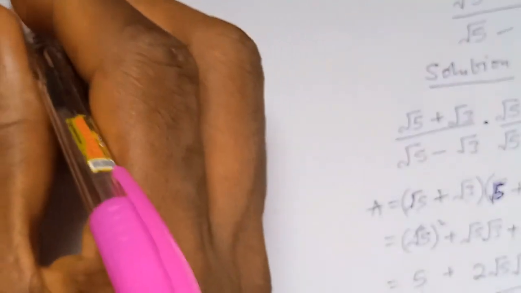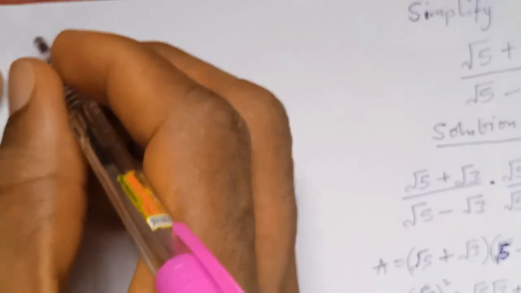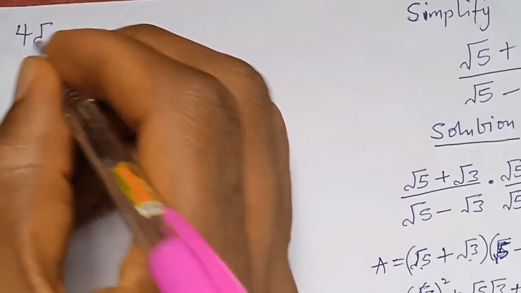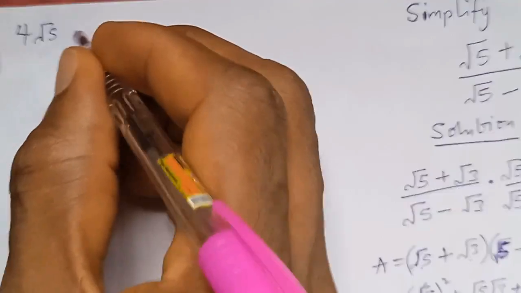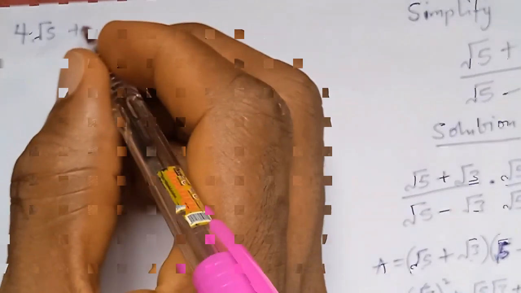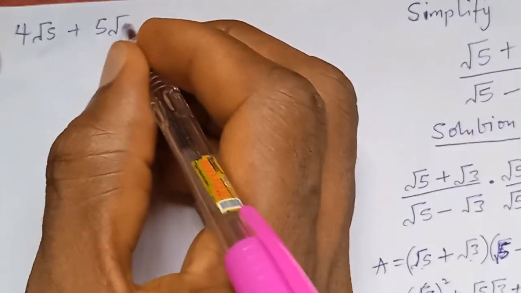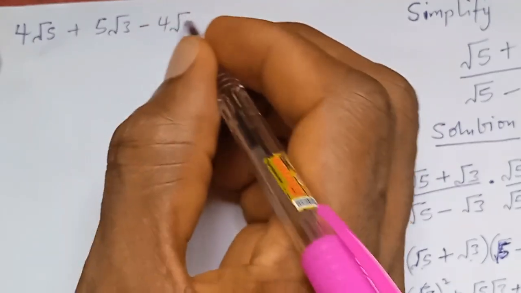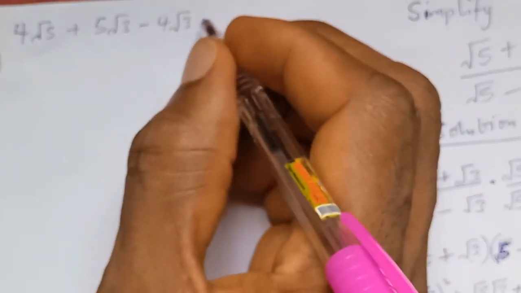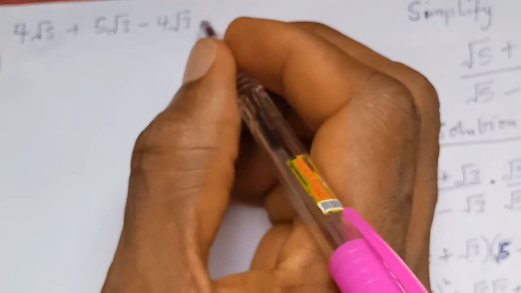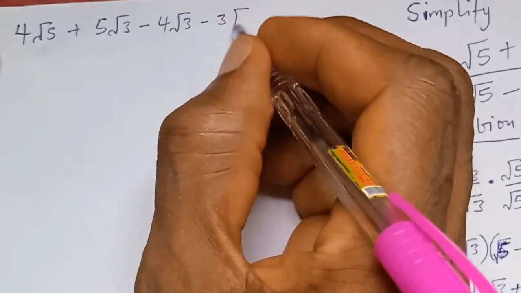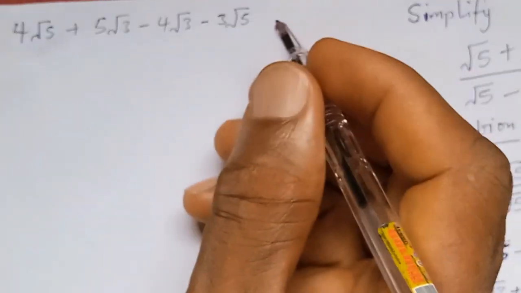So these two results we got here can be transferred back to this area. And that gives us 4 square root of 5 plus 5 square root of 3 minus 4 square root of 3, then minus 3 square root of 5.